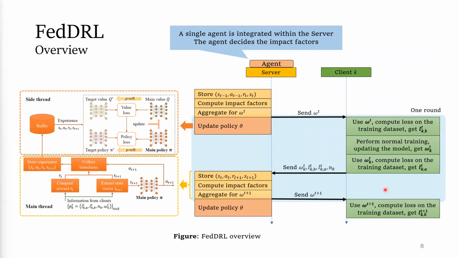This is the overview of our proposal. As can be seen here, we use a single agent integrated in the server, and the agent helps the server to compute the impact factors.